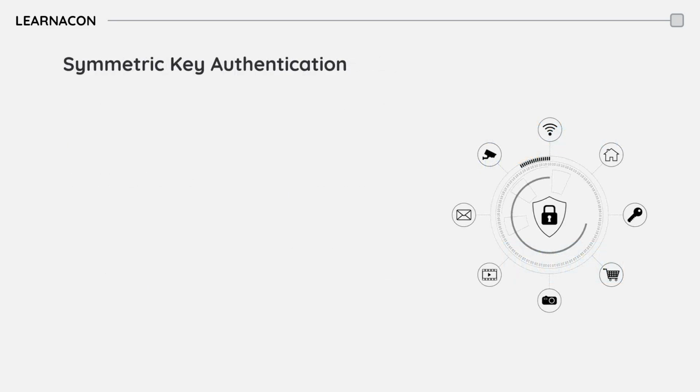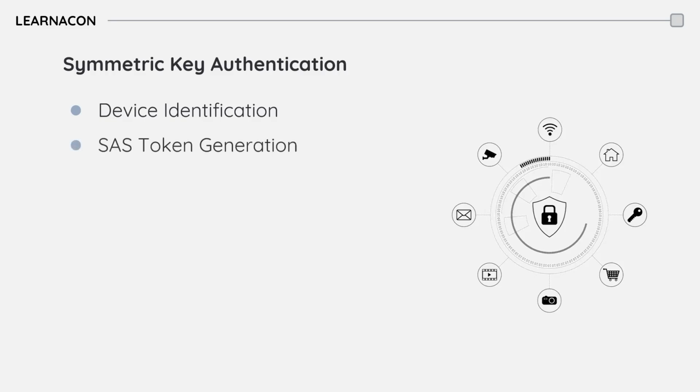Symmetric key authentication is a widely used method for securing IoT devices, especially those with limited computational resources. In Azure IoT Hub, each device is assigned a unique ID along with a primary and secondary symmetric key. These keys are used to generate shared access signature, or SAS, tokens, which authenticate the device when it connects to the IoT Hub.